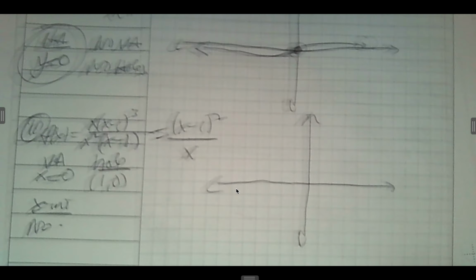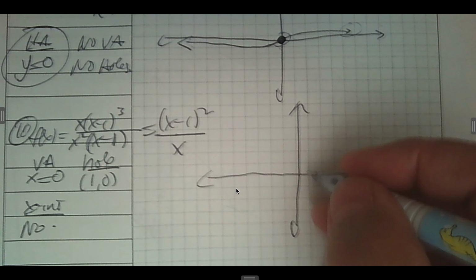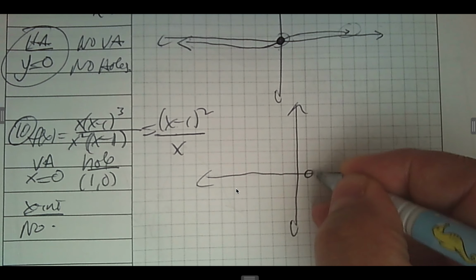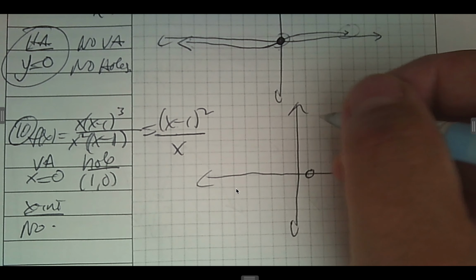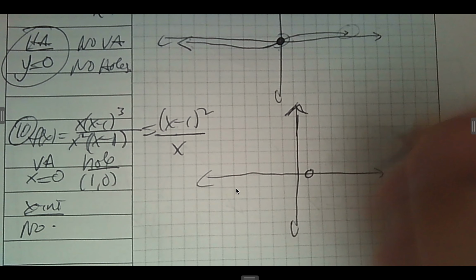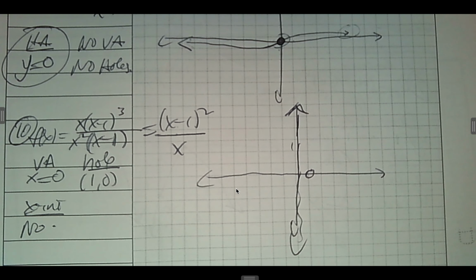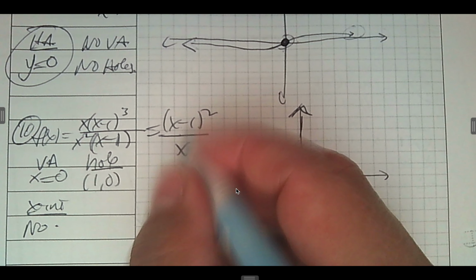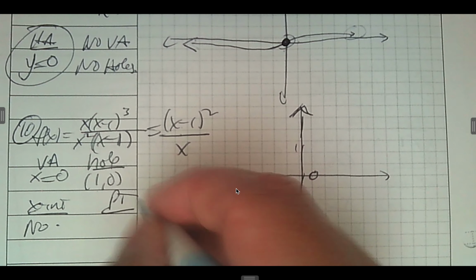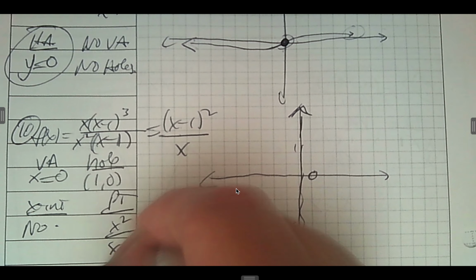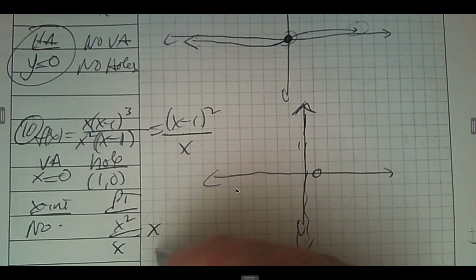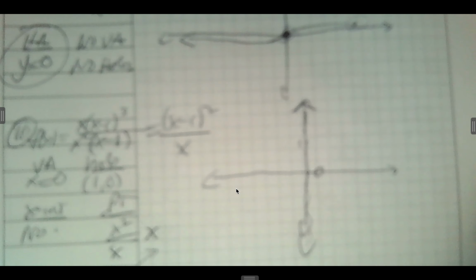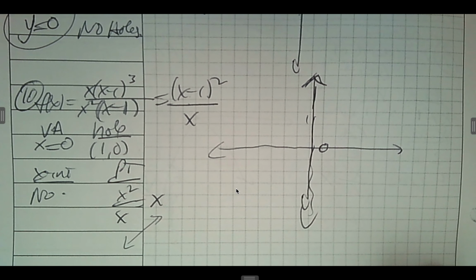So here's my sketch of that function. I know there's a hole at (1, 0). I know at x equals 0, there's an asymptote, right over the y-axis. Horizontal, there is not a horizontal asymptote. If I look at the power terms, that's x squared over x, which simplifies to x. So it goes up to the right and down to the left.